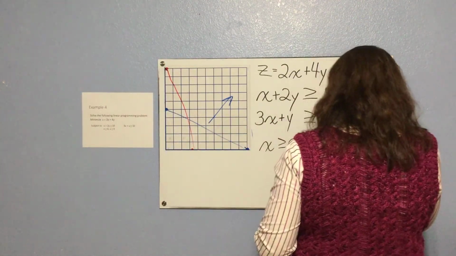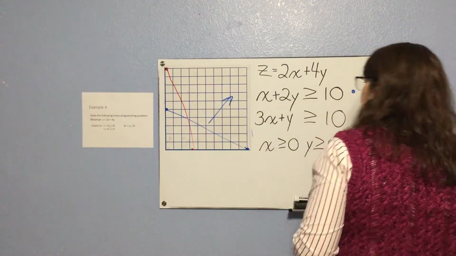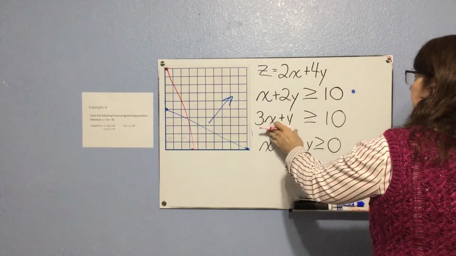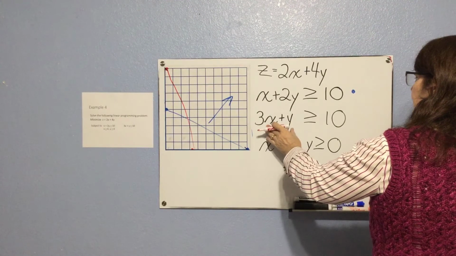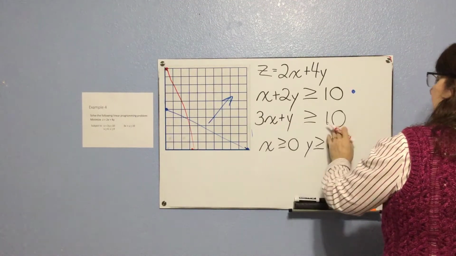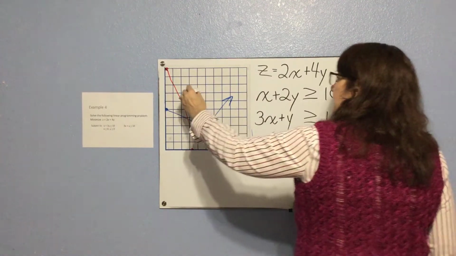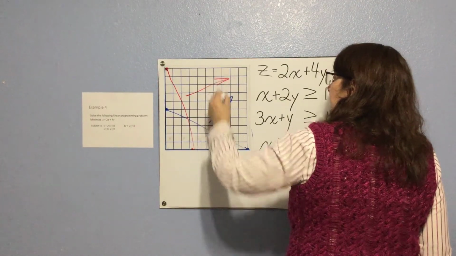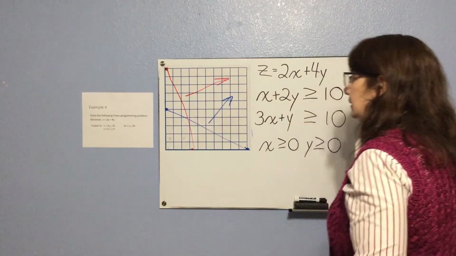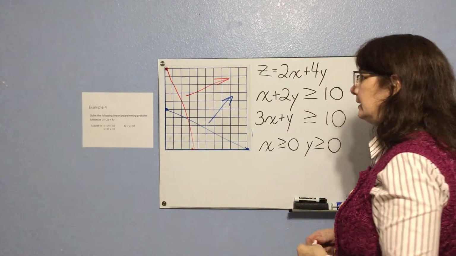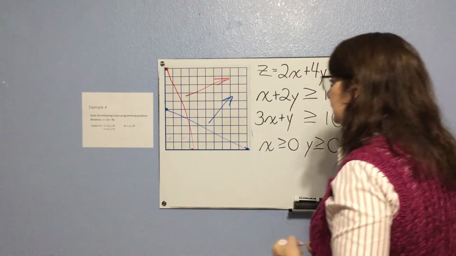And there's that constraint. Again, if I let x and y both be 0, this would not be true. So that means I'm going to have to go this way. And I'm done. That's all the constraints I had. This is not bounded.